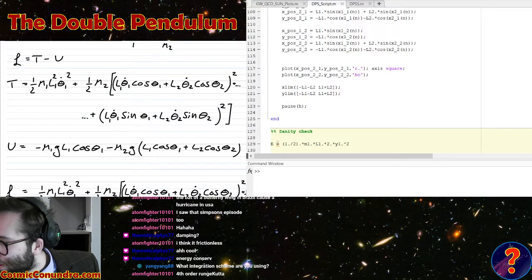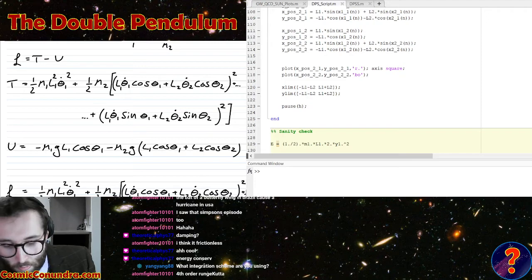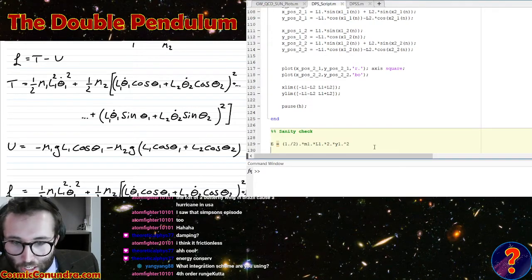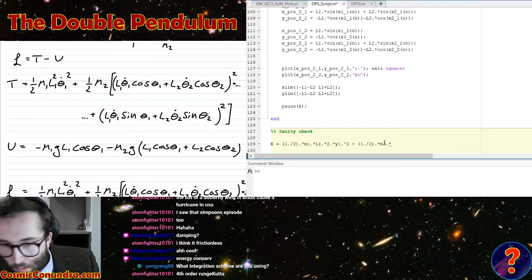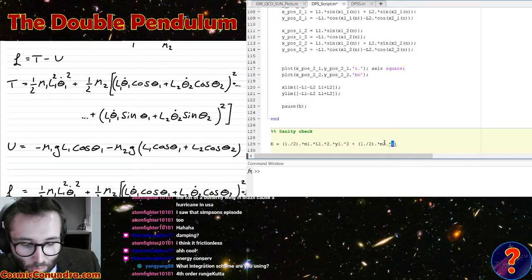Then we also have the kinetic energy of the second particle, which is slightly more awkward to write down. We've got this entire bracket, and inside of it we've got two whole brackets squared.